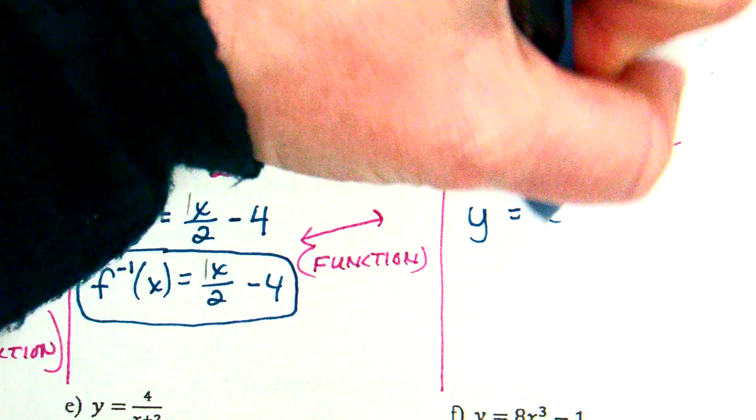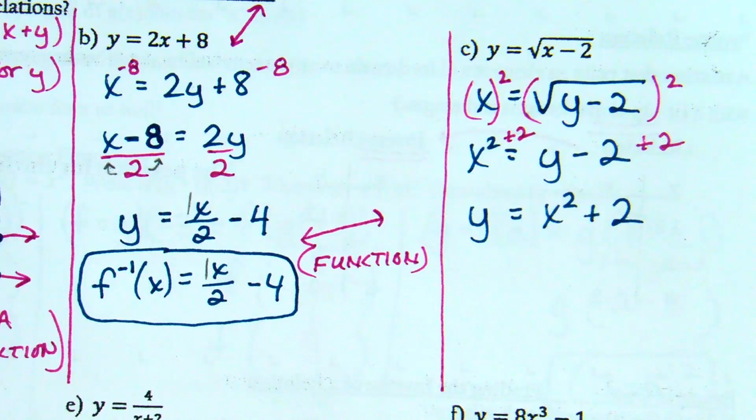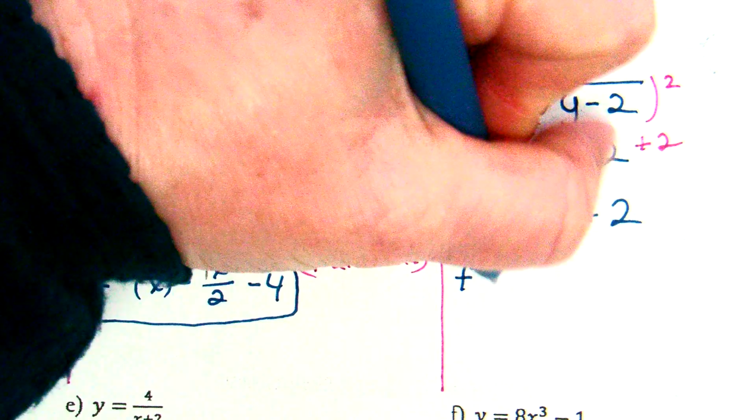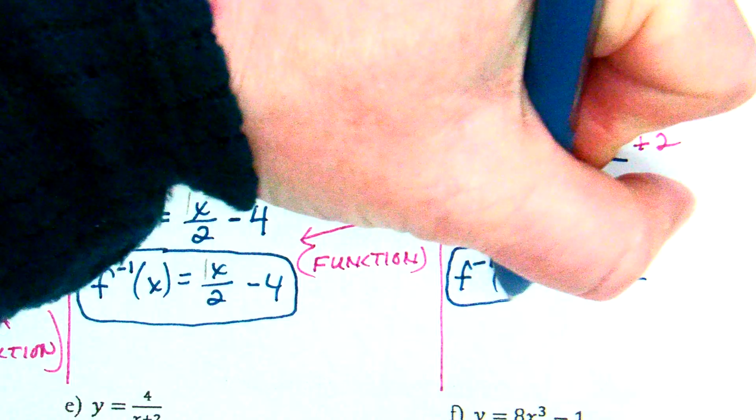Did I ever take the square root? So I don't need plus or minus because I never took a square root. Is it a function? I feel like there's guessing going on. Let's not guess.